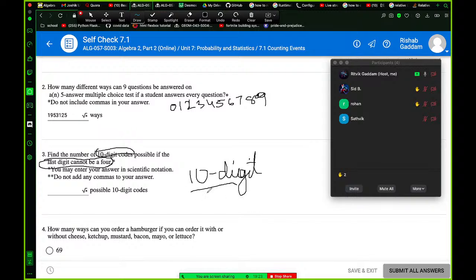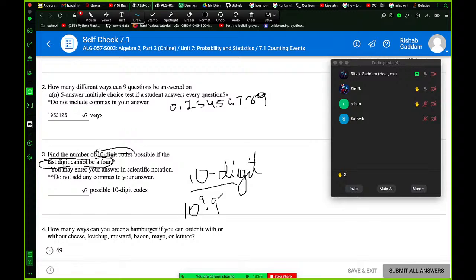But yeah, it's just 10 to the power of 9 times 9. This is because the last digit cannot be 4. Since the last digit is the 10th digit, it has 9 choices, and there's 9 digits before that.